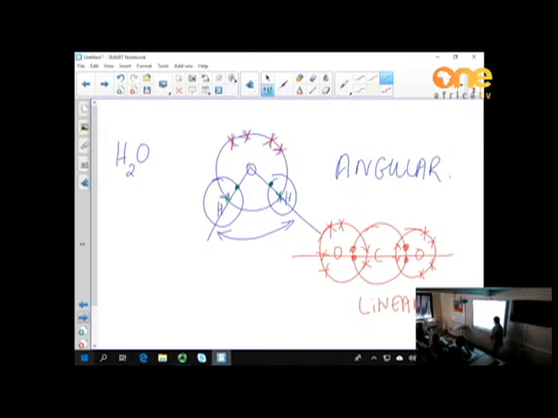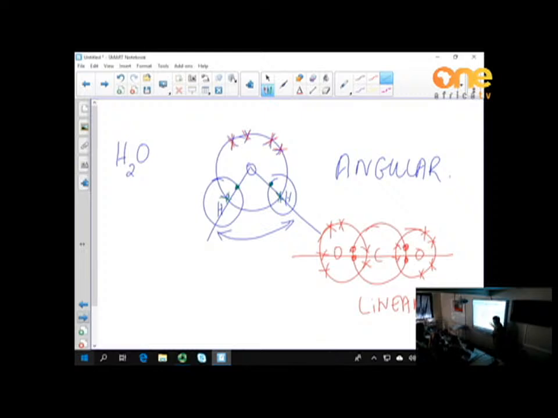Look at carbon dioxide. On the center atom, we have got two bonding pairs and two bonding pairs. The repulsion between the bonding pairs is equal. On the oxygen, I have single pairs that will repel each other as far as possible, but I have single pairs and bonding pairs that repel equally.